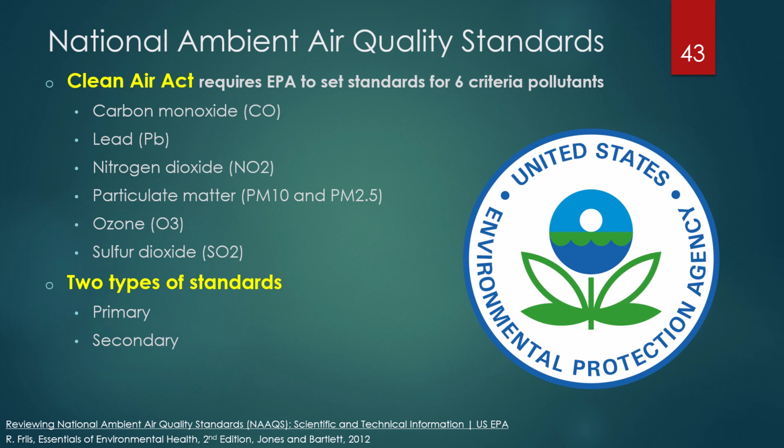As mentioned before, those 6 criteria pollutants are carbon monoxide, lead, nitrogen dioxide, particulate matter, PM10 and PM2.5, ozone, and sulfur dioxide. The statute establishes 2 types of national air quality standards, primary and secondary.